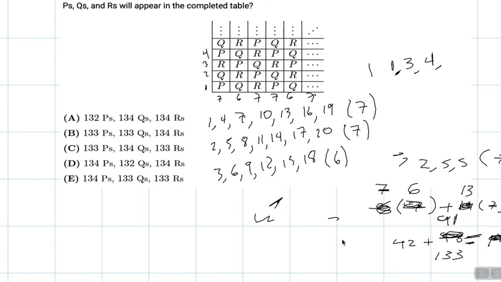Now it's about just finding Q's. So Q, if we do columns again, we've got 7 Q's here. We're going to get 7, then we're going to get 6, 7, 7, 6.